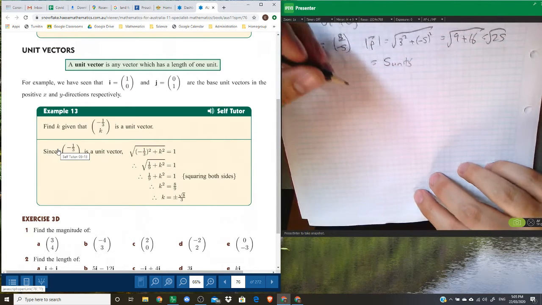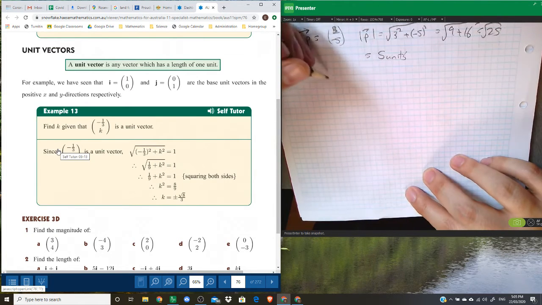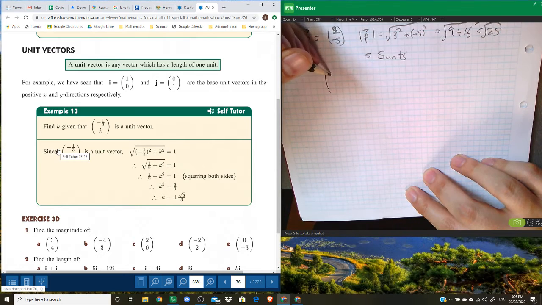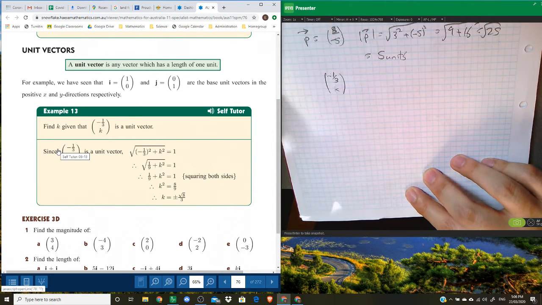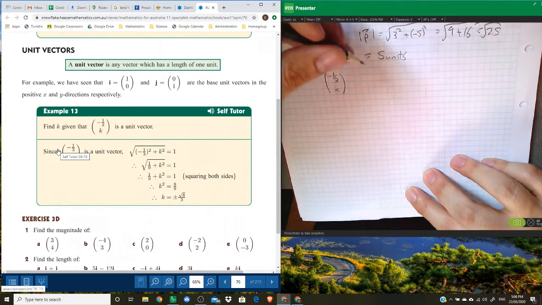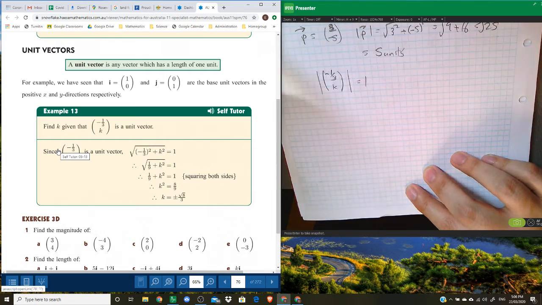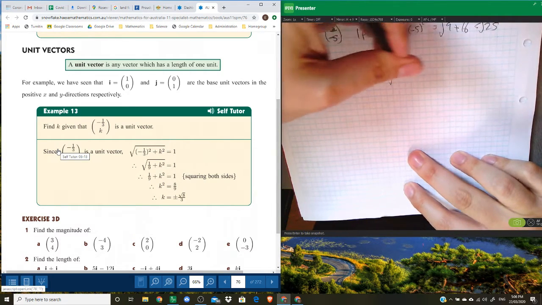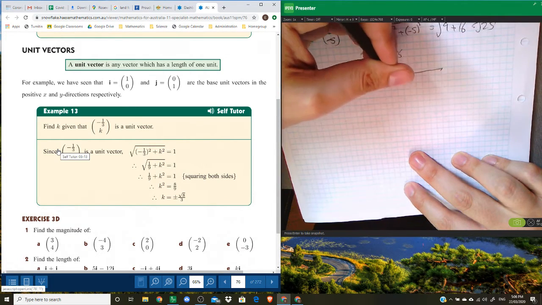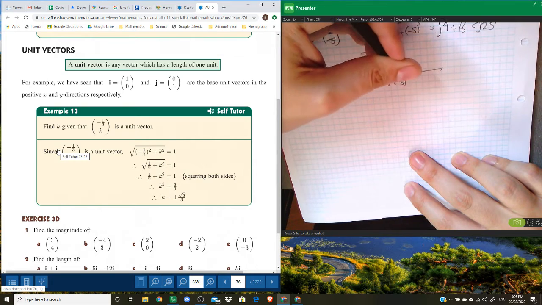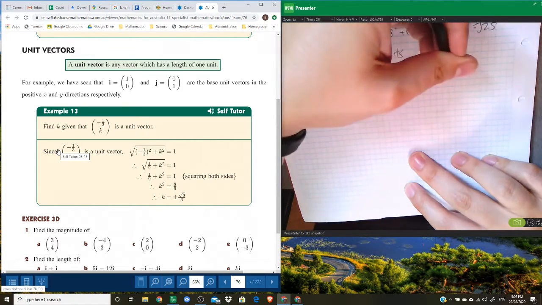So the idea is, if you want to go 1 unit in this direction, that particular vector has a length of 1. Well, thereby, the square of minus a third plus the square of k equals 1.